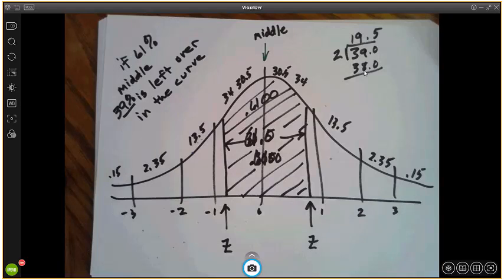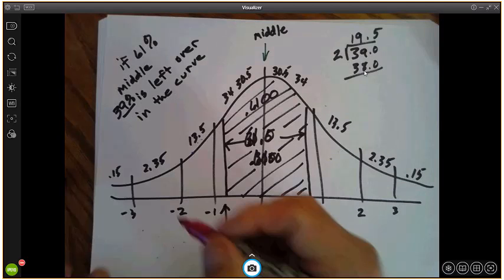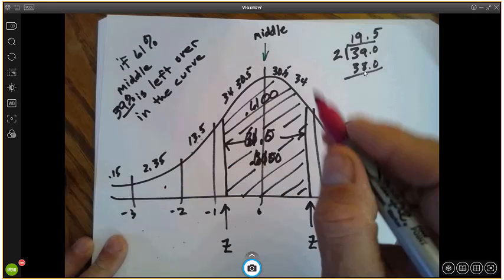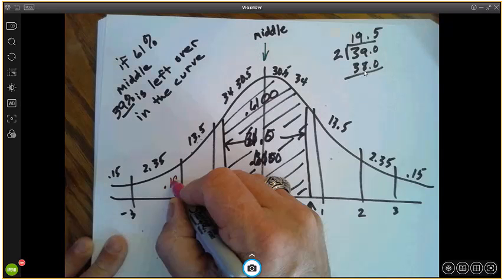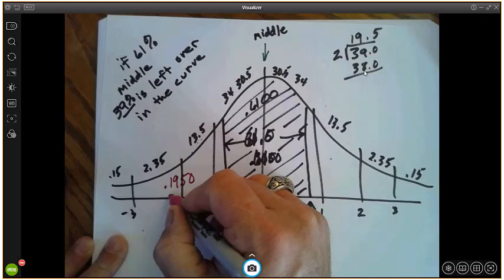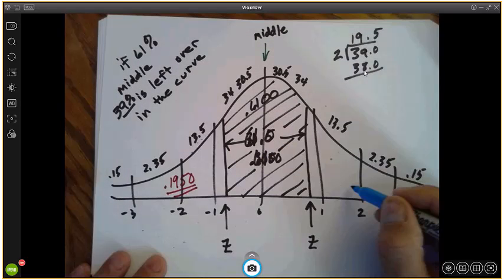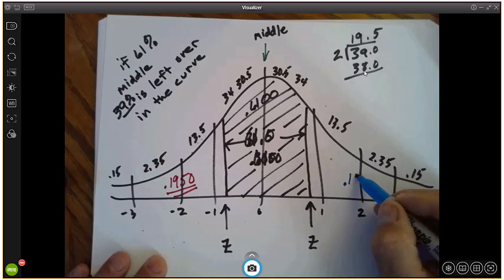So that means that the left side over here is 0.1950. And the right side is 0.1950.